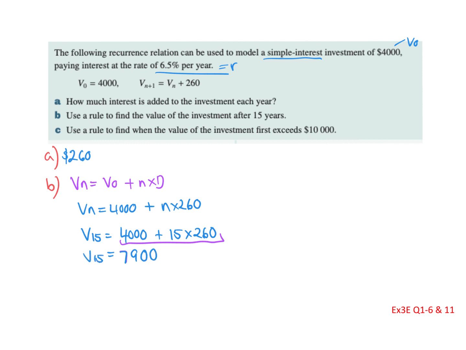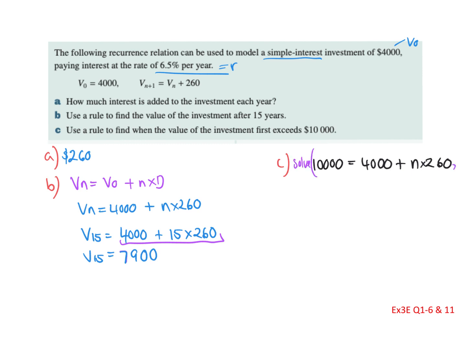And then part C, it says use the rule to find when it first exceeds 10,000. So we're going to write 10,000 equals our nth term formula, which we've already worked out. Remember you can write that out, and then what we're actually going to do on the calc is use solve.